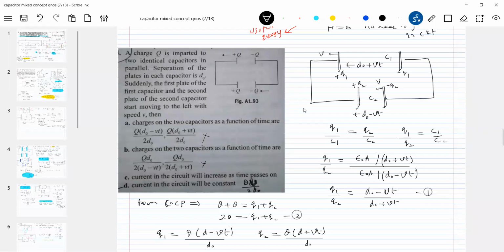Where the charge will increase here, the charge will decrease there. Look at the Q1. The charge here decreases. What charge decreases, that only will flow here.